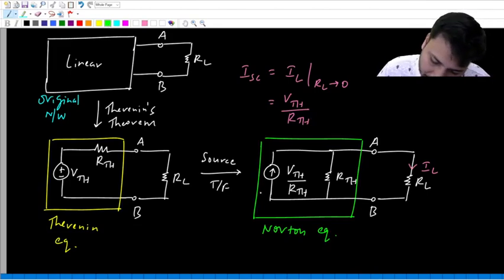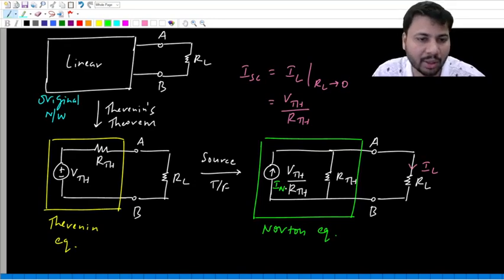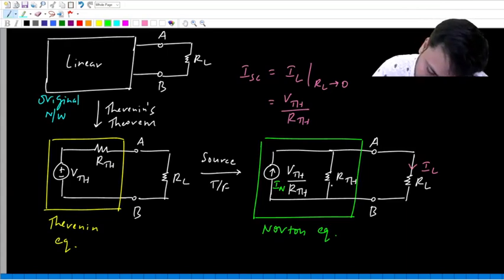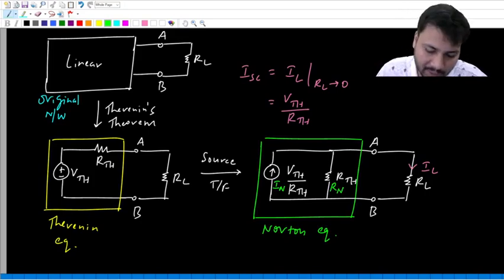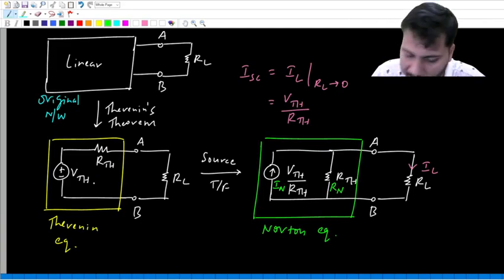Because this is the Norton equivalent, the current source is denoted by IN, the Norton current, and the resistance is denoted by RN, the Norton resistance. Just like RTH is the Thevenin resistance, RN is the Norton resistance. Just like VTH is the Thevenin voltage, IN is the Norton current.